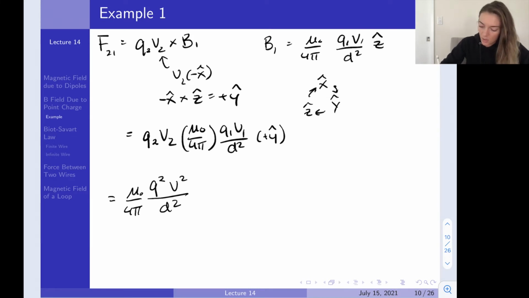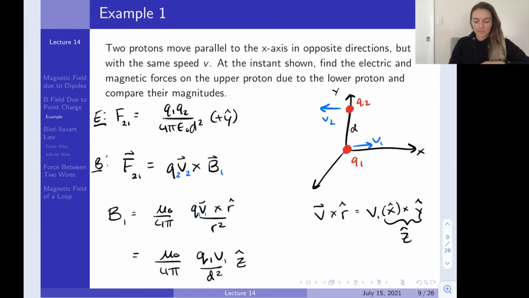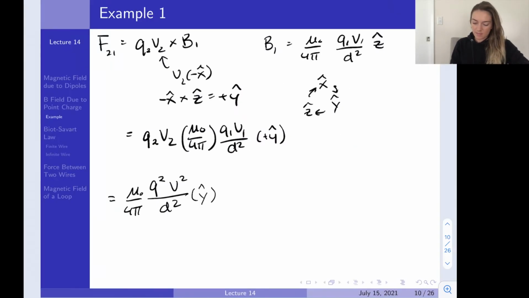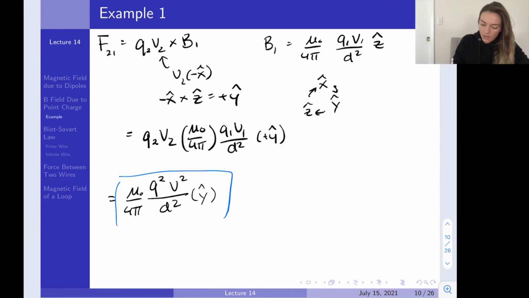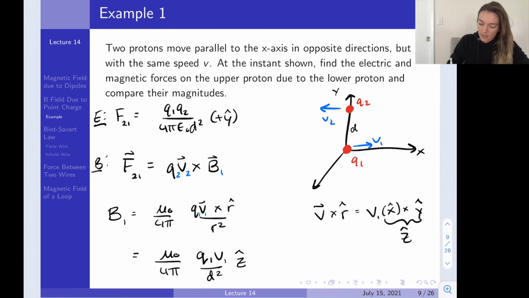And this is in the y hat direction. So this is our magnetic force on charge 2 due to charge 1, and our electric force was over here.